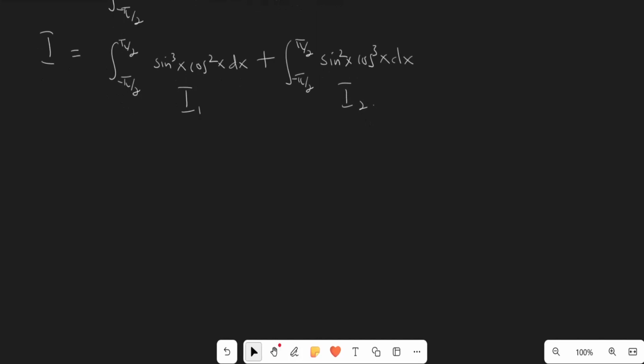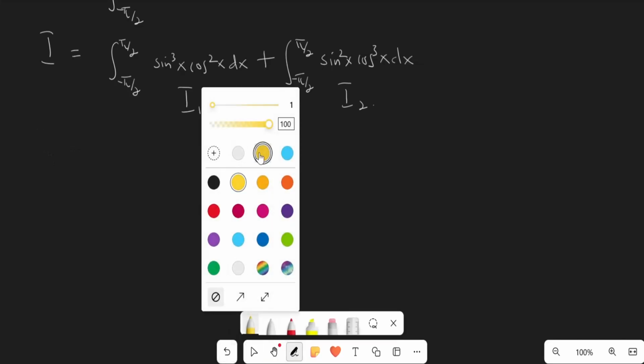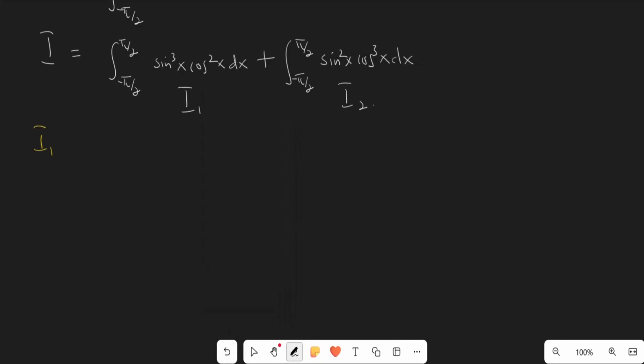So let's look at integral 1. I1 is equal to the integral from negative pi over 2 to positive pi over 2 of sine cube of x.